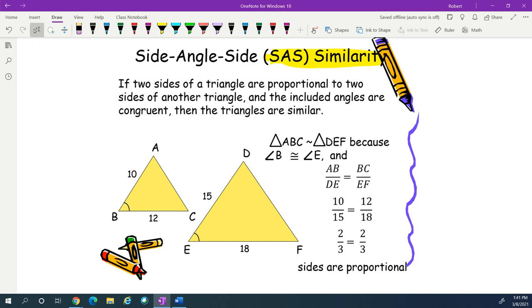We also could have cross multiplied. When we do, we get 180 equals 180. So that means that they are proportional. So that confirms two pairs of sides are proportional, and then angle B and E, the angle between them, so side, angle, side, the angles are congruent, and we have similar triangles.